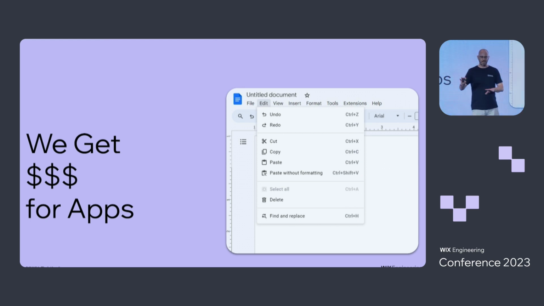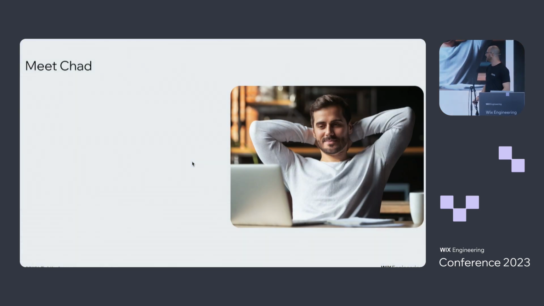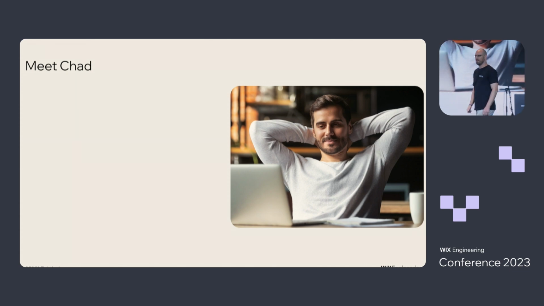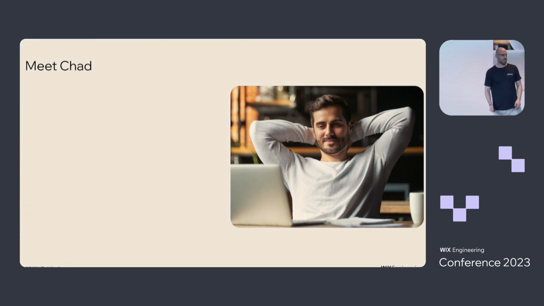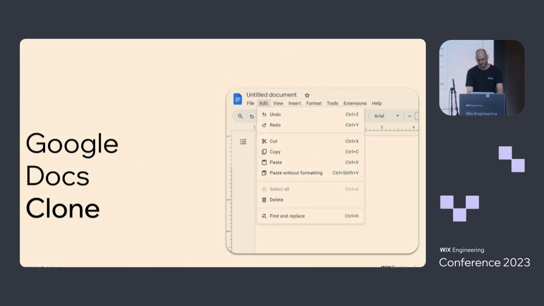Okay, we're going to take a little break from all this tech talk. I want you to meet Chad. Come on, Chad. This is Chad Giga. He is a bright, handsome junior developer. And he was tasked with building a Google Docs clone.